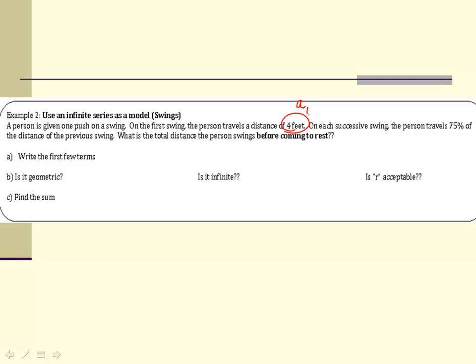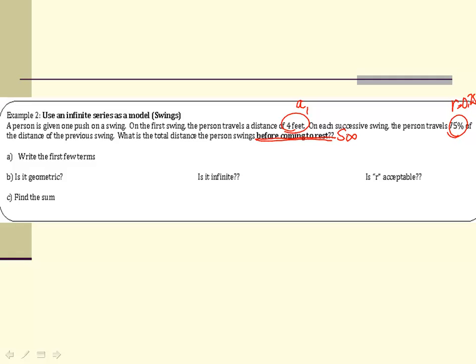On each successive swing, so on the next swing, the person travels 75% of the distance. This is our r. Now we want to say 0.75 instead of 75%, but at least there's the idea. What is the total distance the person swings before coming to rest? This is your key to let you know that they're asking for an infinite sum.